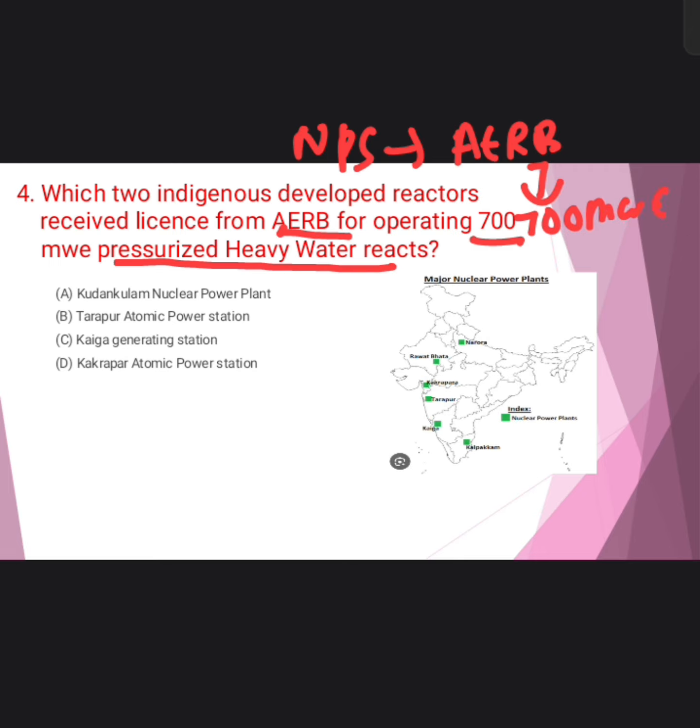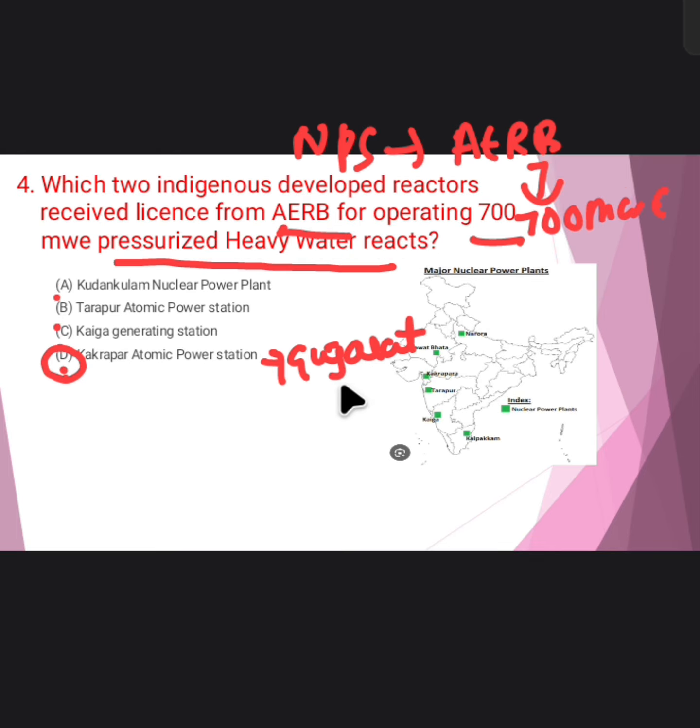The given options were Kudankulam, Tarapura, Kaiga, and Kakrapura. The correct answer is Kakrapura Atomic Power Station, located in the state of Gujarat, which received the license for the production of 700 megawatts of electricity using nuclear power. So option D is the right answer.